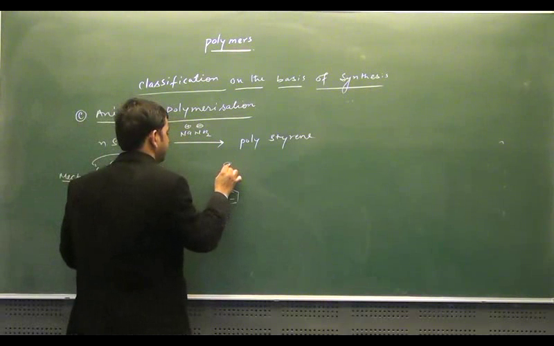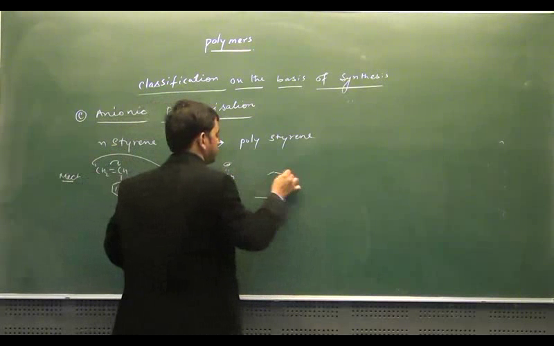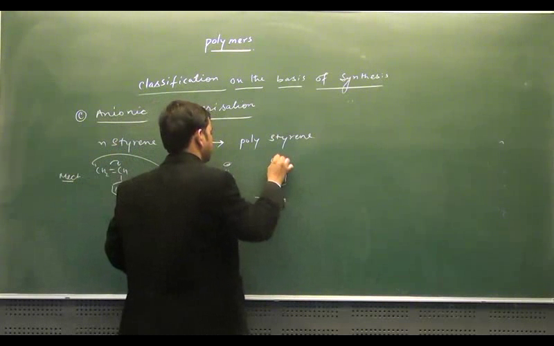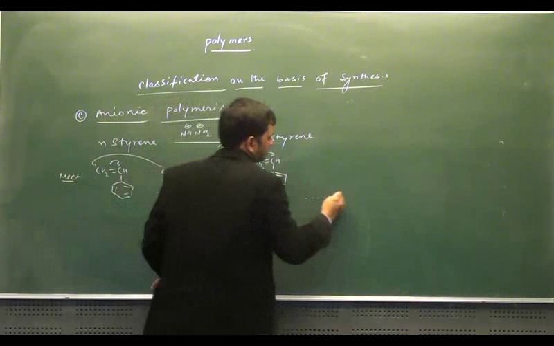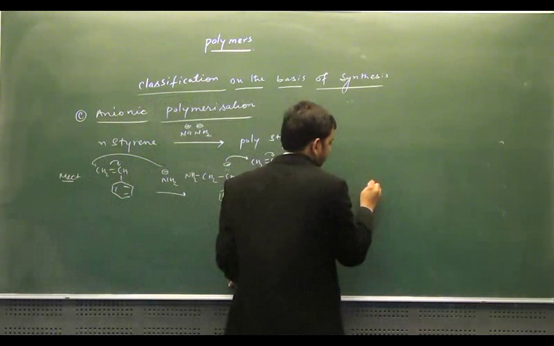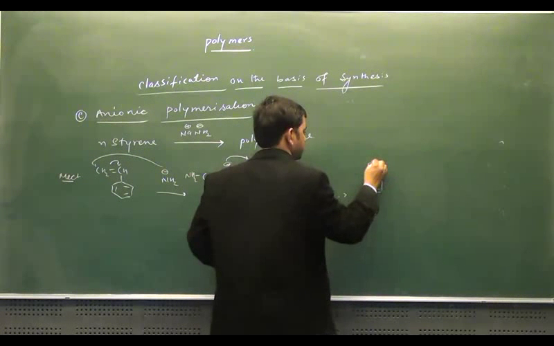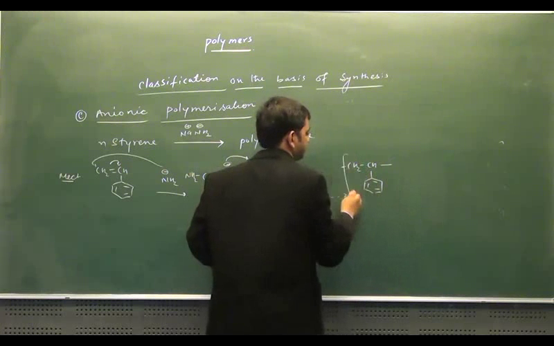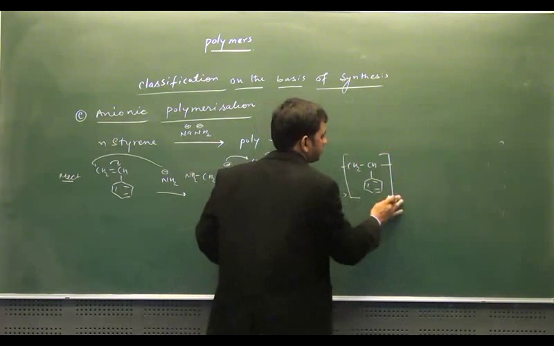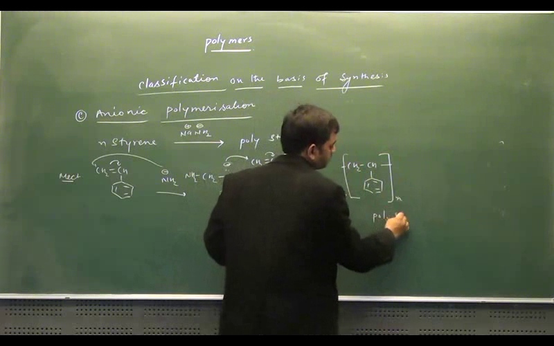CH negative is resonance stabilized. The reaction continues, and so on, and again gives polystyrene, n molecules.